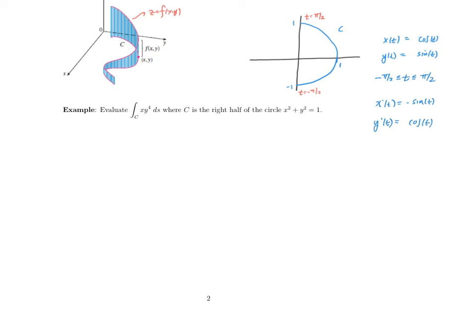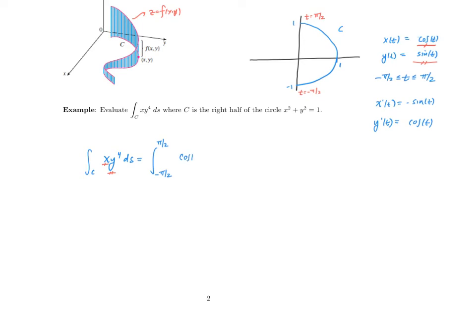So the line integral with respect to arc length, we take a definite integral over how the parameter value varies, minus pi over 2 to positive pi over 2. Then we substitute in our parametric equations to the function. That is to say, the x is going to be replaced with cosine t, and the y will be replaced with a sine of t.